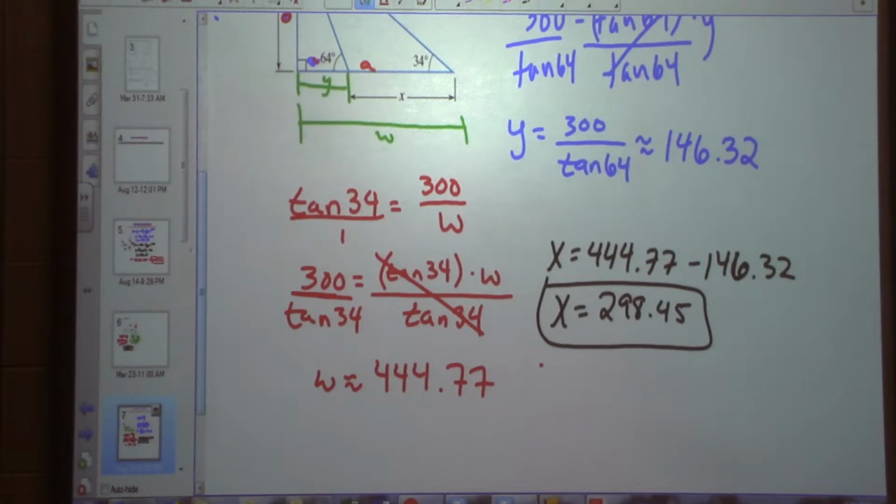Alright, do you want to do the you try one? Well, I already did it. You already did it? Alright, how about this? I'll give you like a minute to finish up if you haven't tried already. I'll put the answer up there so you can check your answer, but then I'll keep moving so you get a little extra time on work.